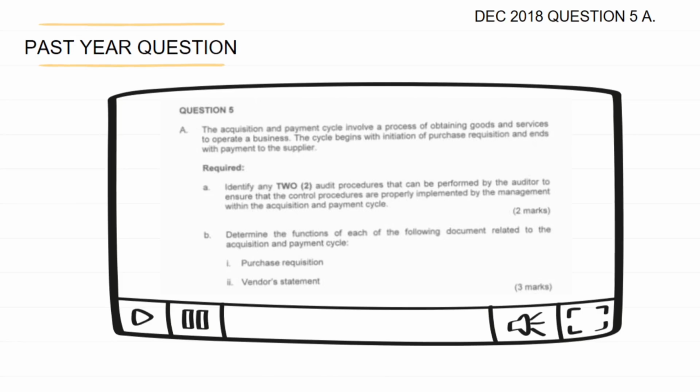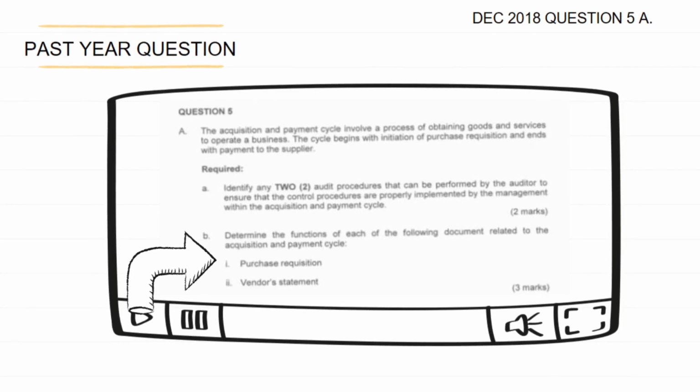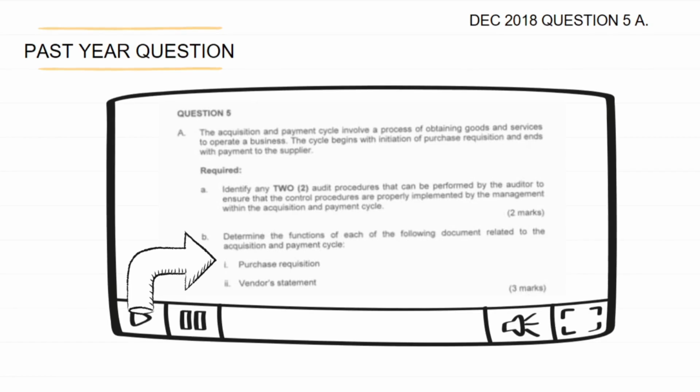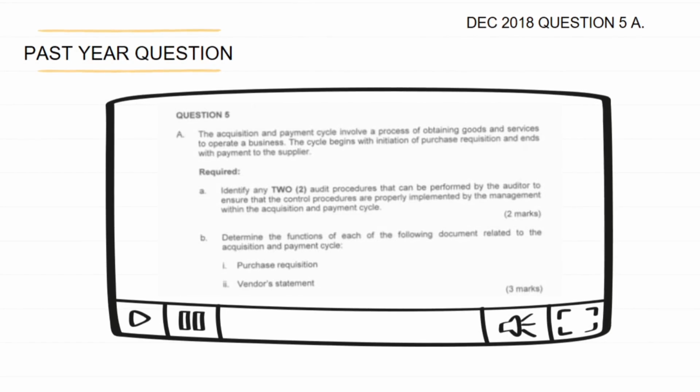Next is question 5B. Determine the functions of each of the following documents related to the acquisition and payment cycle. Okay, so the first is purchase requisition and vendor's statement.